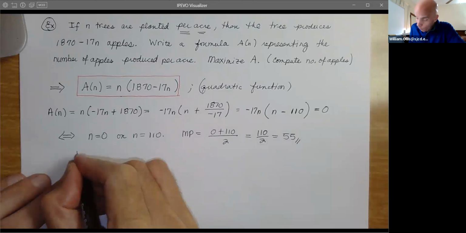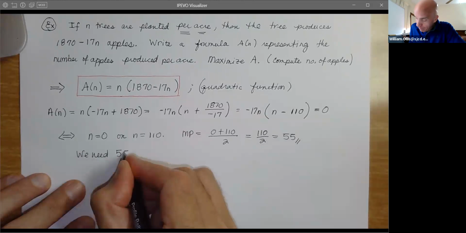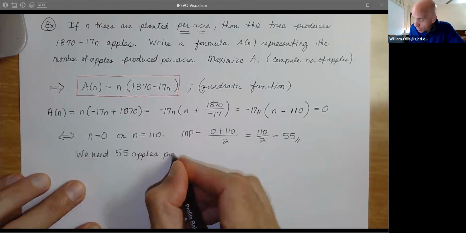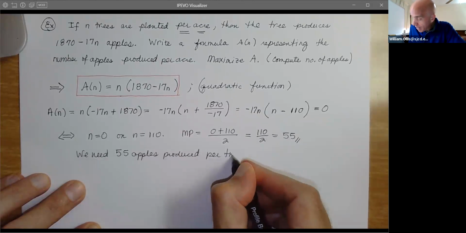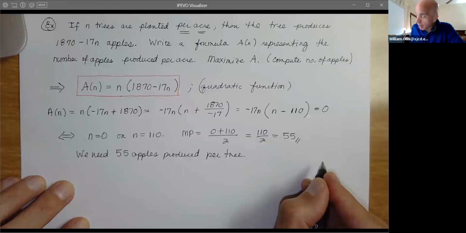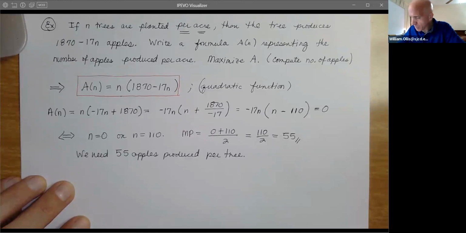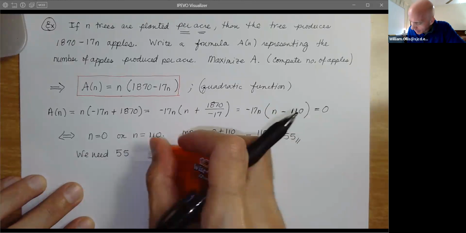So we need 55 apples produced per tree. So the idea here is, when you think about it, so 55 apples. Give me a second here.